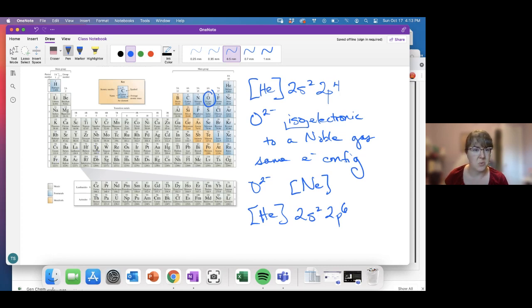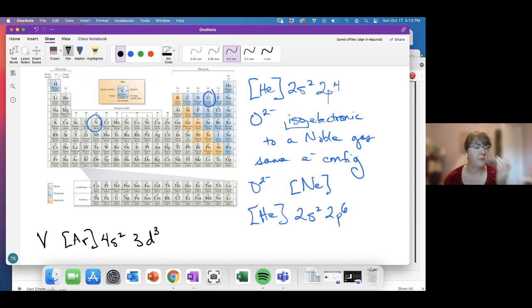A lot of times the more interesting ones come in somewhere in our transition metals. So for example, let's go ahead and do vanadium. If we were looking at vanadium as a neutral metal, this is going to have a noble gas core of argon and then 4s2, 3d3.